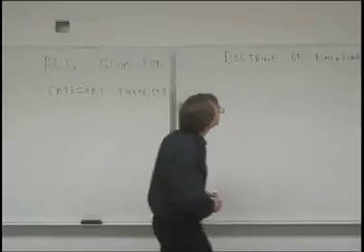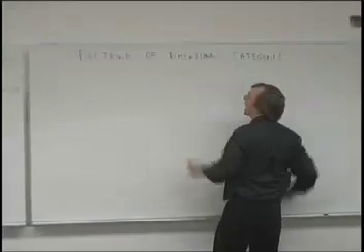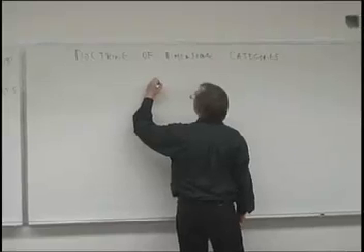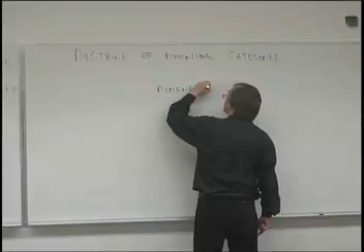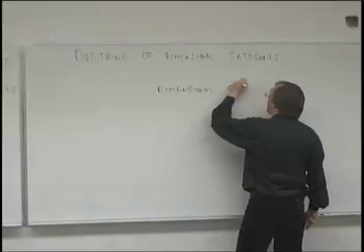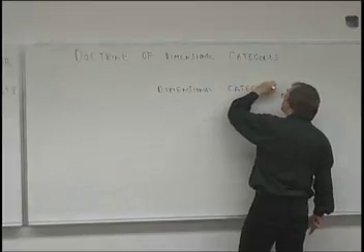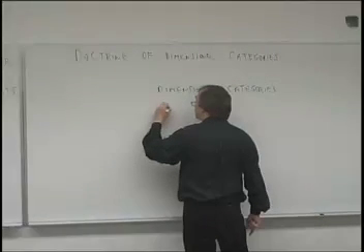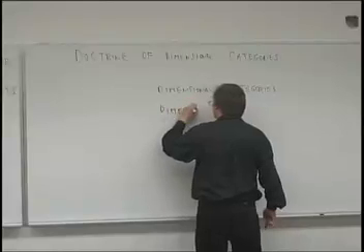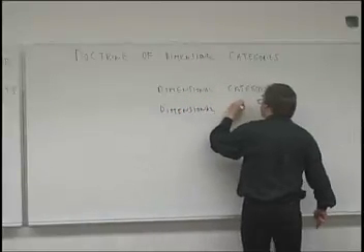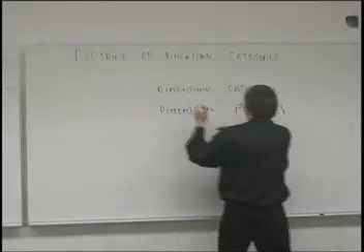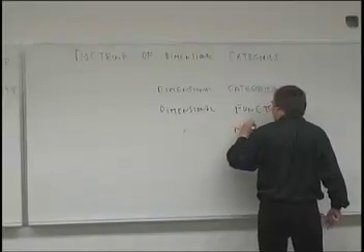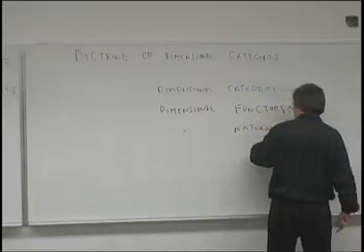And in the case of the doctrine of dimensional categories, we have the dimensional categories themselves, and then going between those, we have the dimensional functors, and then going between those, we have dimensional natural transformations.